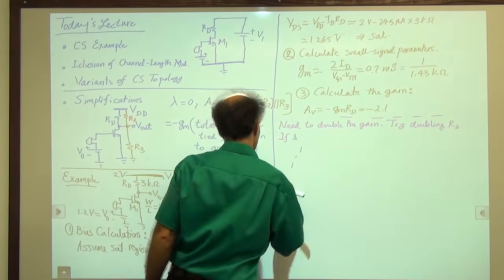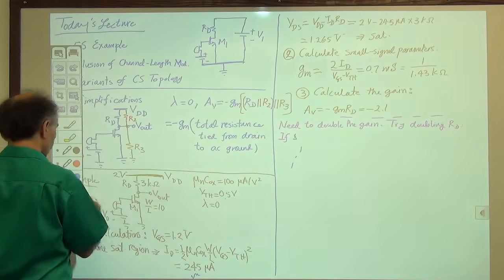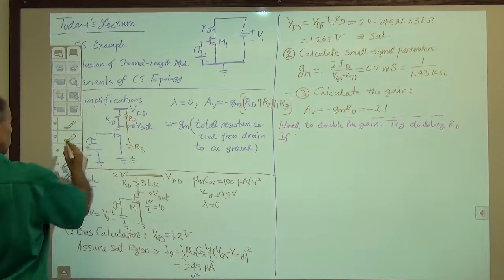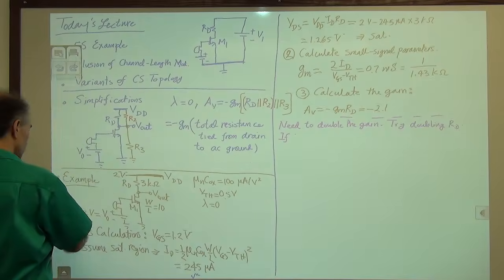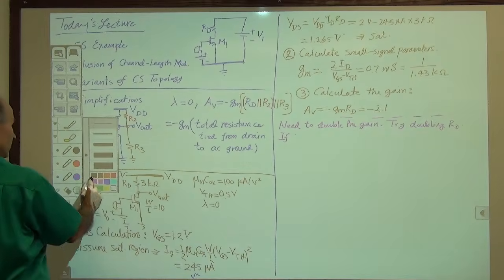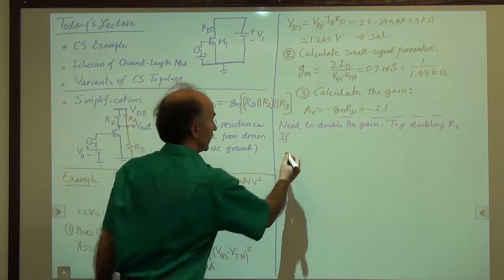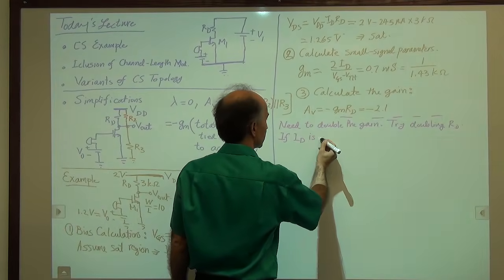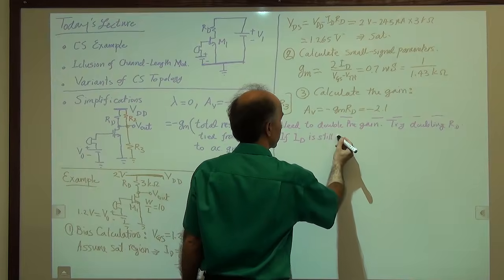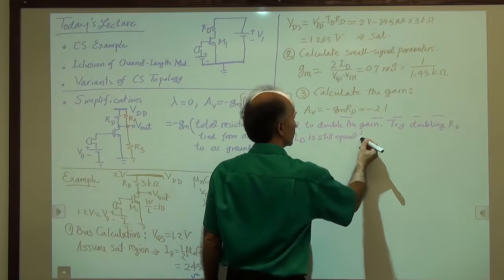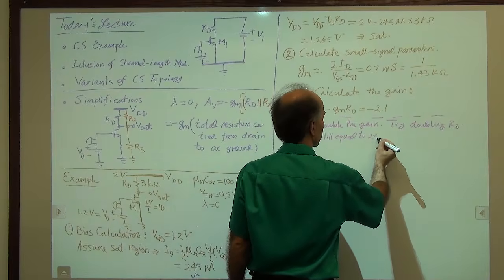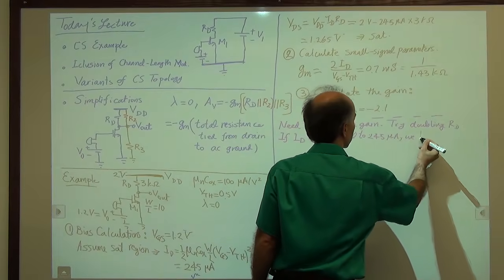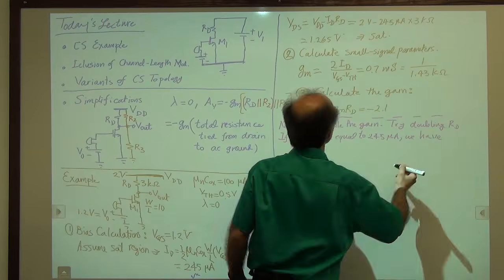ID is still equal to 245 microamps, we have this equation.